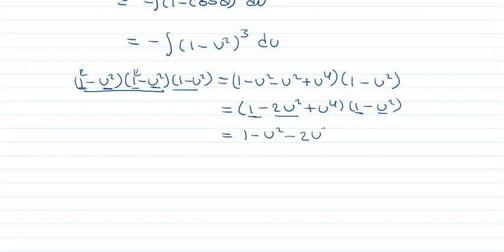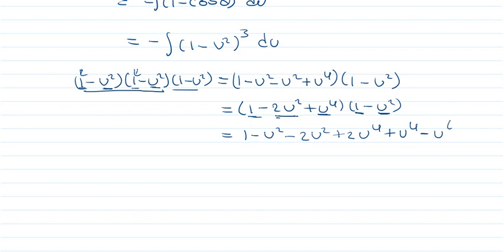Negative 2u squared multiplied by negative u squared, we get positive 2u power 4. Then u power 4 multiplied by 1, we get positive u power 4. Then positive u power 4 multiplied by negative u squared, we get negative u power 6.